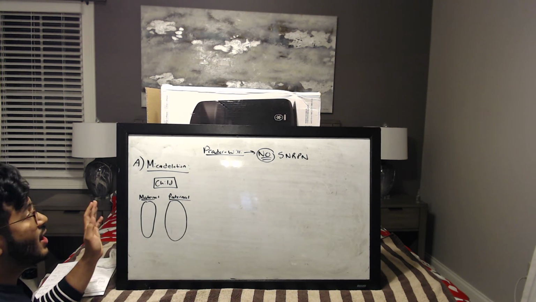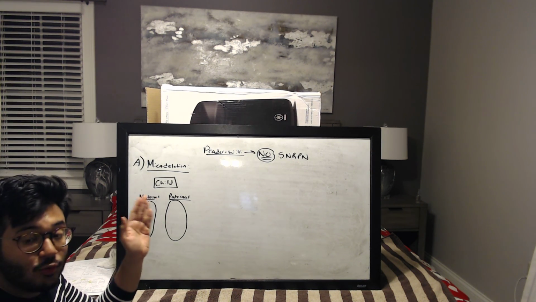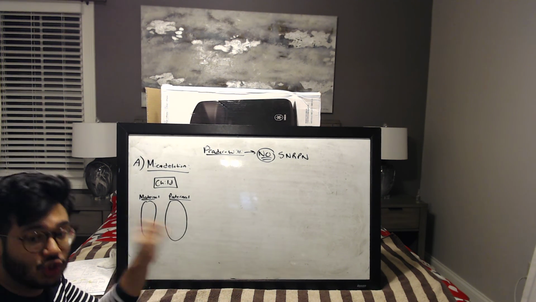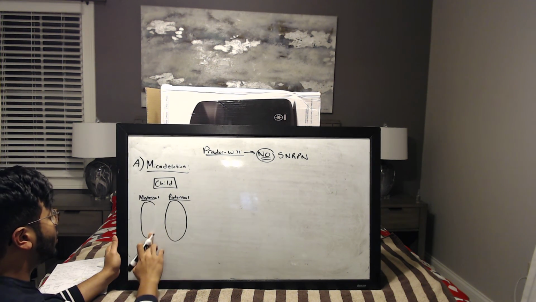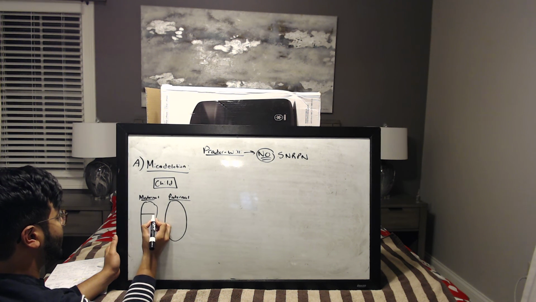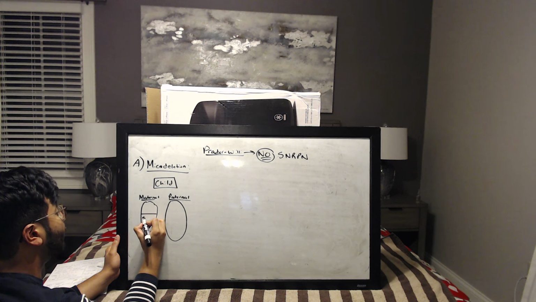So what did we say about SNRPN? We said that SNRPN was a maternally imprinted gene, correct? Which means that the maternal copy of SNRPN is going to be silenced in every individual.